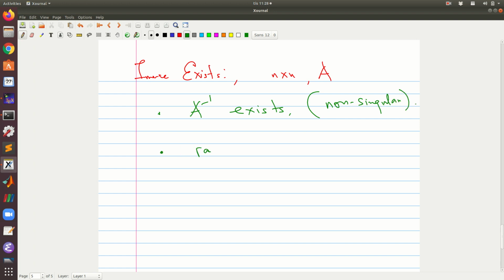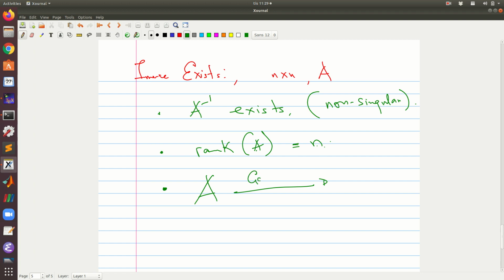Then, we talked about rank in our previous matrices. So here we find that the rank of A should be equal to n. Remember, n by n is the dimension. So the rank, the number of non-zero rows in A after reducing it to row echelon form, should be given by n. Okay, and then we can carry out this operation.